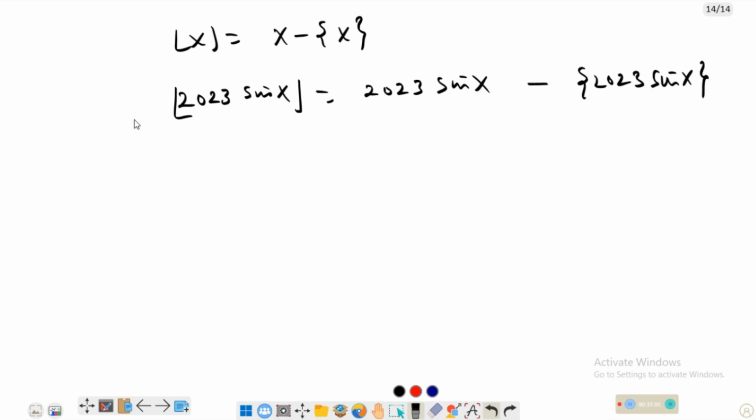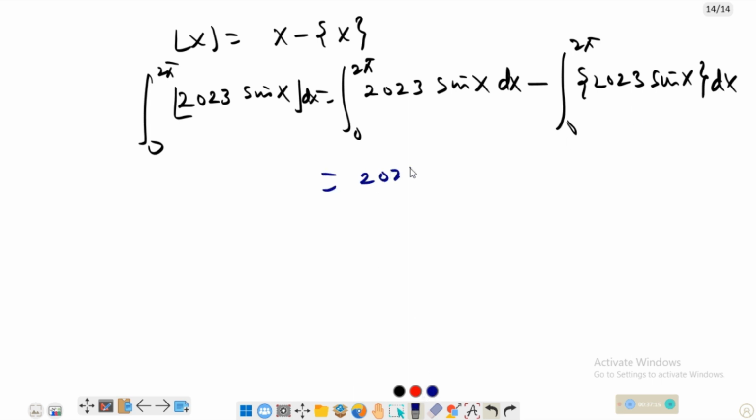And apply the integral from 0 to 2 pi dx. So 2023 times the integral from 0 to 2 pi of sin x dx, and the other integral is I dash.